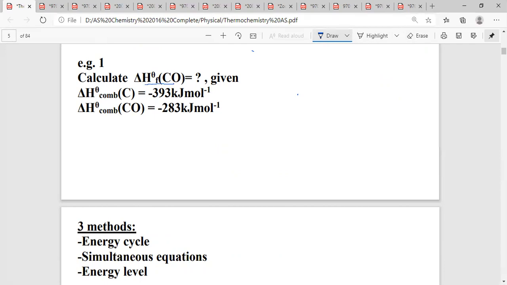So always start with the question. Formation means that carbon goes to carbon monoxide gas. It must be 1 mole, formed from its elements carbon and oxygen. It must be O2 here because at standard conditions, it's gas here and solid here.